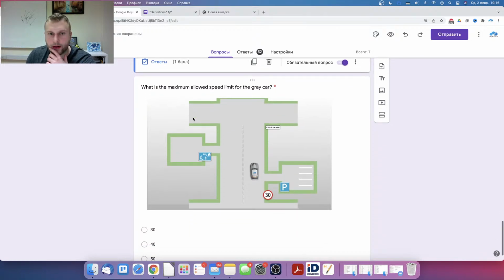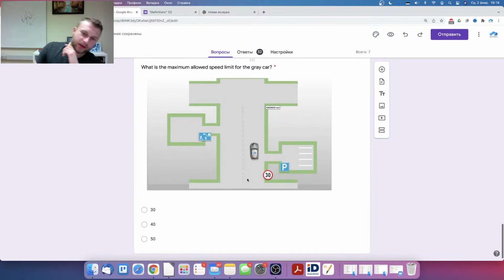And what is the maximum allowed speed limit for the gray car here? On the first lesson, we talked that speed limit can be cancelled by the crossroad, correct? But a parking area and home traffic area is not considered as a crossroad. So it means they cannot cancel the speed limit.